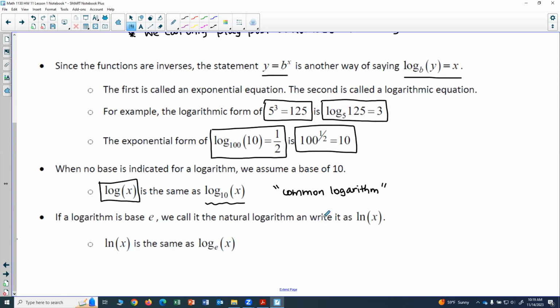So when you see the words common logarithm, they're referring to log of x, which is base 10. If a logarithm is base e, we call it a natural logarithm, and we write it as ln of x. So if you see ln of x, that's the same as saying log base e of x.